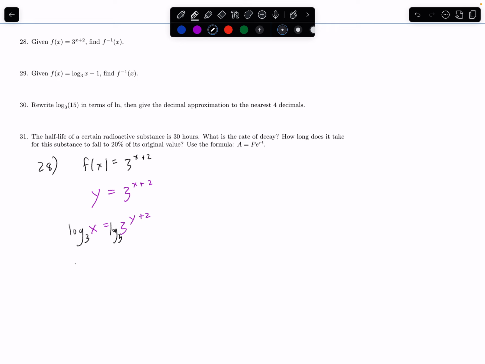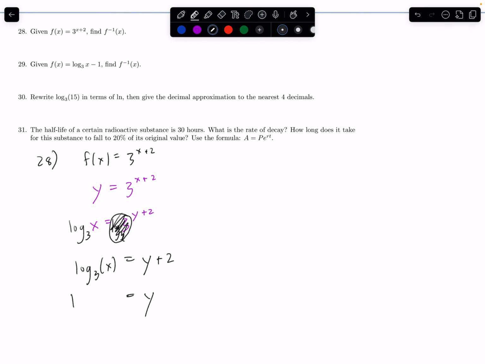On the left side, it's just going to stay log base 3 of x, right? The right side, this log is going to undo this exponent, so those guys are gone, and it's going to bring that exponent down to earth, so it's y plus 2. Now just subtract 2 on both sides. I got y is equal to log base 3 of x minus 2, and there's your function.